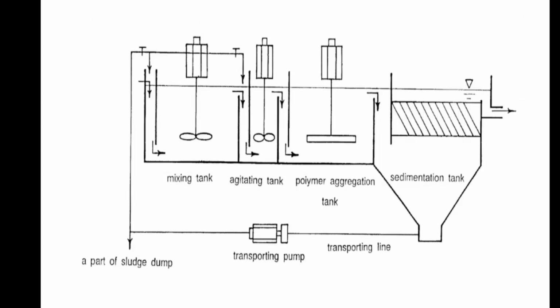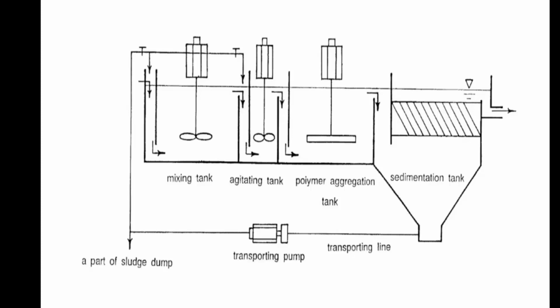This is a pictorial representation of a clariflocculator. In this section, you can see the mixing tank, then the agitating tank, then the polymer aggregation tank, that is the flocculation tank, then the sedimentation tank.